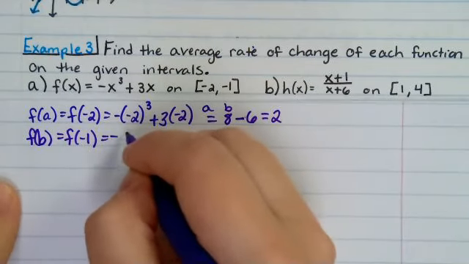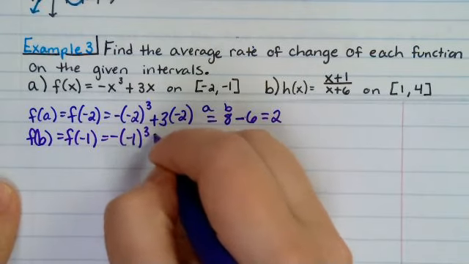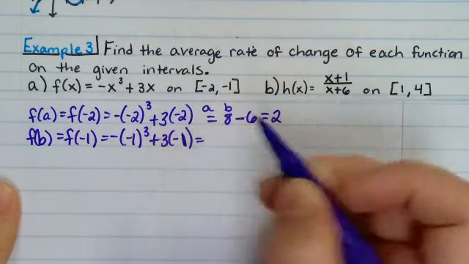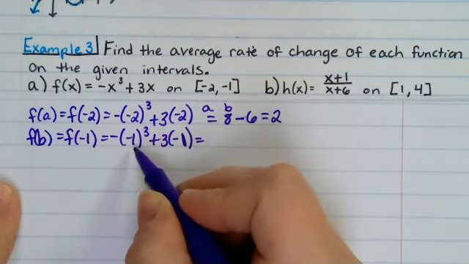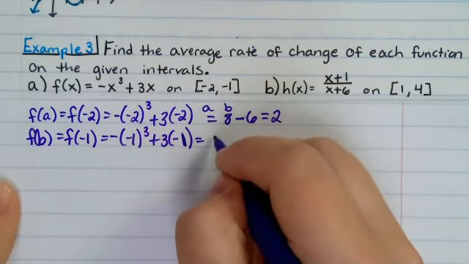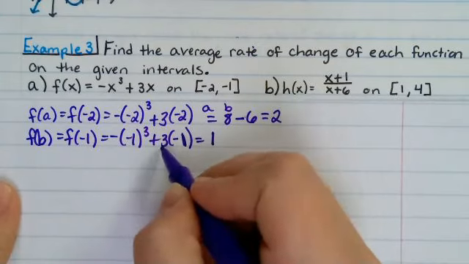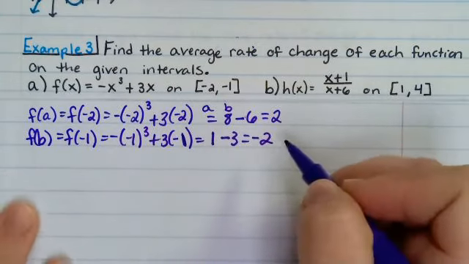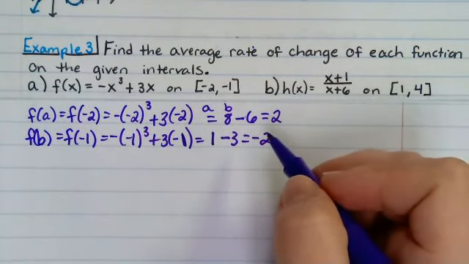If I plug that in, you're just replacing all of your x's with a -1. -1 cubed is a -1 times negative is a +1. 3 times a -1 is a -3, and this works out to be a -2.